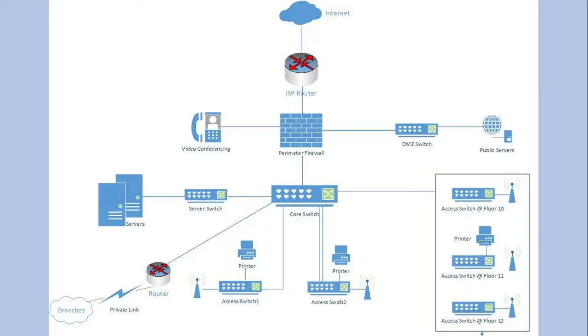Now let's use this as an example. So when you see this typical diagram, how would you go about interpreting or understanding it? As usual, if you have a complex task or a complex project, you break it down into small pieces.